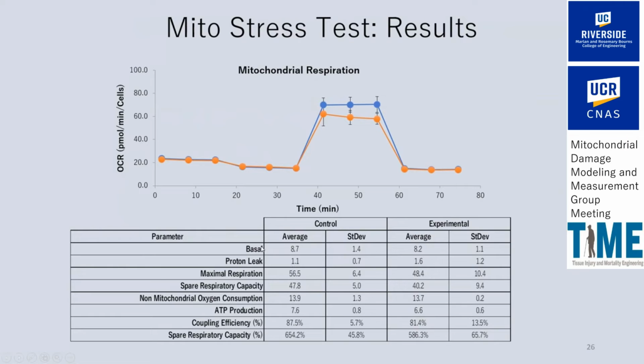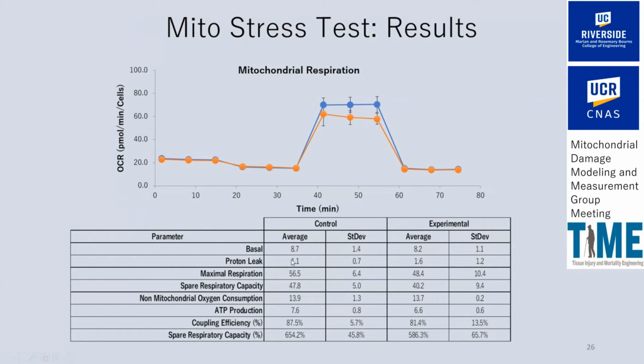You will get basal respiration, proton leak, maximal respiration, like we talked about, spare respiratory capacity, non-mitochondrial oxygen consumption, ATP production, and efficiency measures in terms of their spare capacity, and coupling efficiency, which measures how closely ATP production is coupled to oxidative phosphorylation and pumping protons across the membrane.